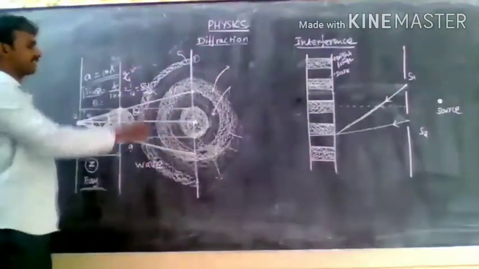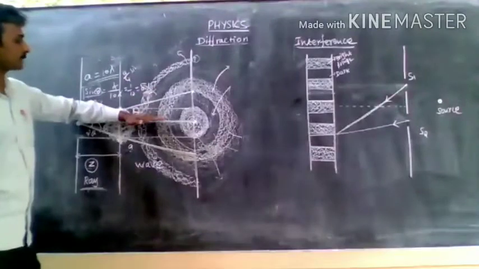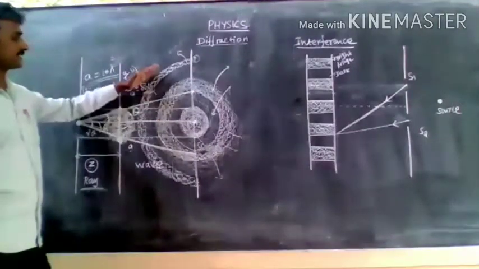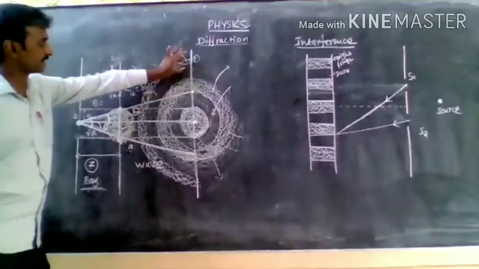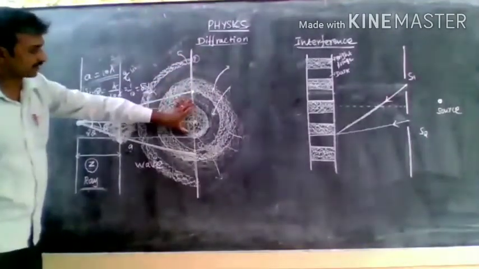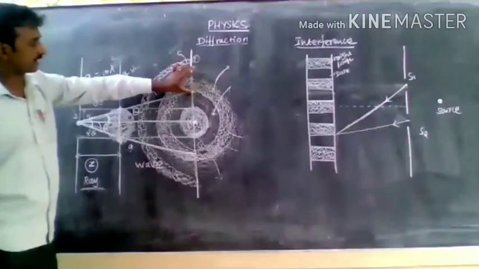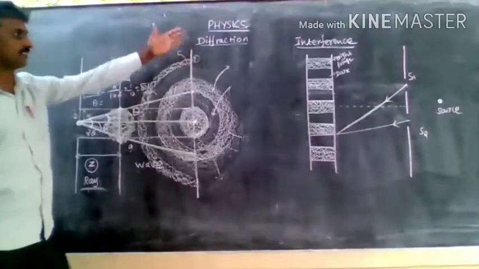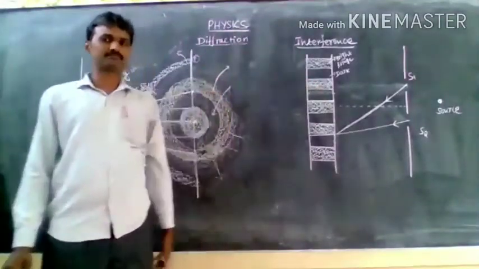But in diffraction, when the angular spread increases, the intensity of the bright fringes decreases consistently. That is, the brightness is high here, and it becomes lower as we move away. So intensity differs here.